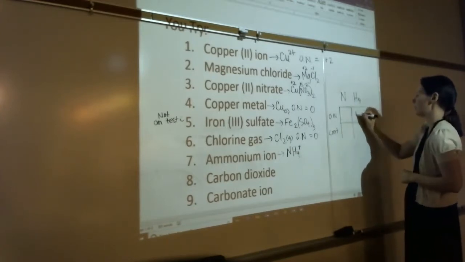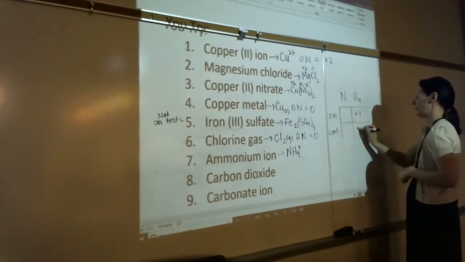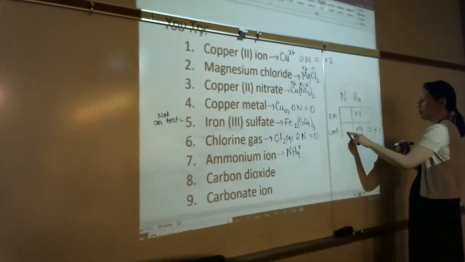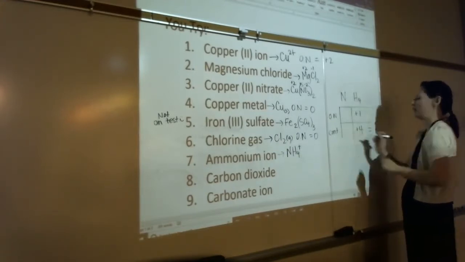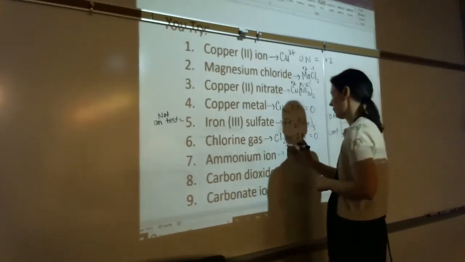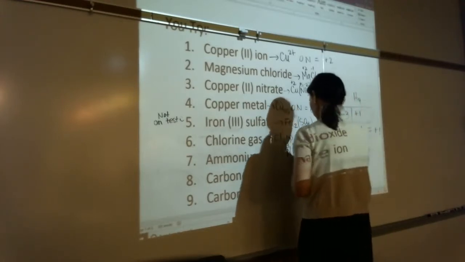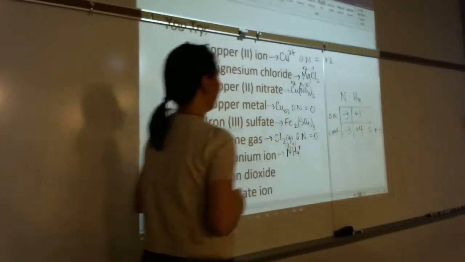Hydrogen in group 1 is always +1, so the contribution makes it +4. So what must nitrogen be in order for this to add up to +1? -3. So nitrogen's -3 and hydrogen's +1. Questions on NH4 plus?